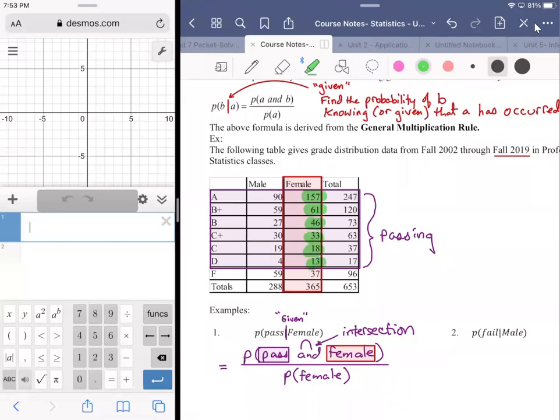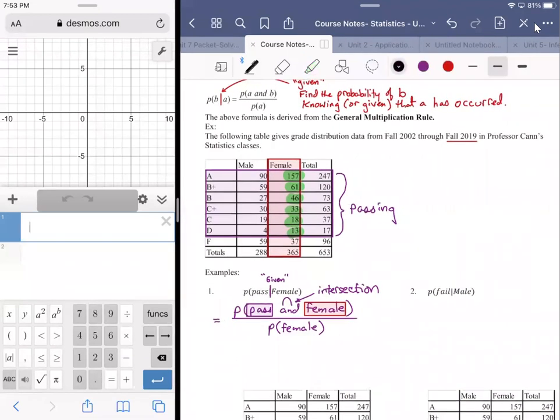So I need the sum of those values, but you could also look at it and say, well, do I really need the sum of them? Because I could just eliminate the folks who didn't pass. So that would be everyone out of the 365 that aren't in this group of 37 individuals.